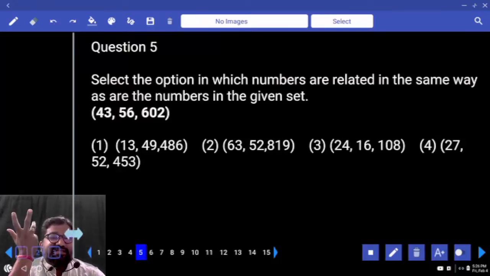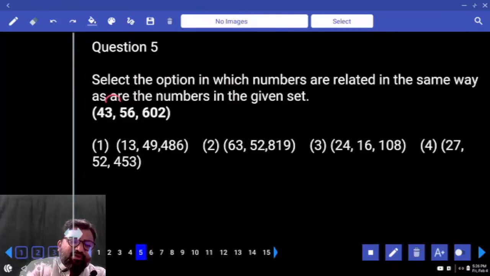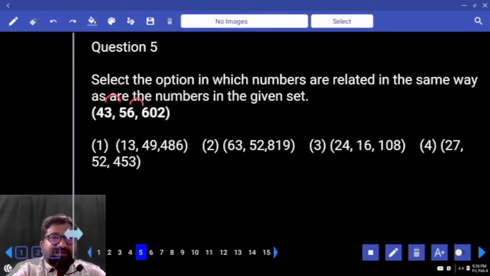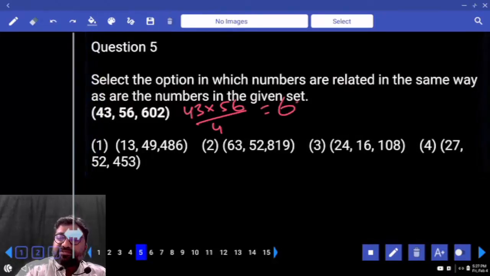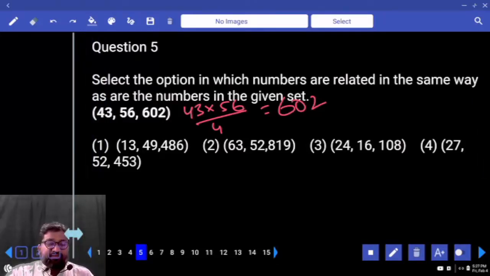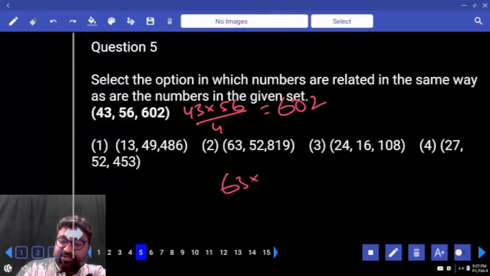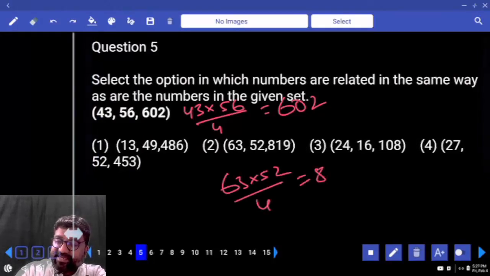So generally, from a student's point of view, they will think about the differences, multiplying by 1/2 and 2/3 and so on. But this is a bit different from the regular ones. The logic for this is 43 into 56 divided by 4 is equal to 602. Now, where do I find the same thing? 63 into 52 divided by 4 is 819.